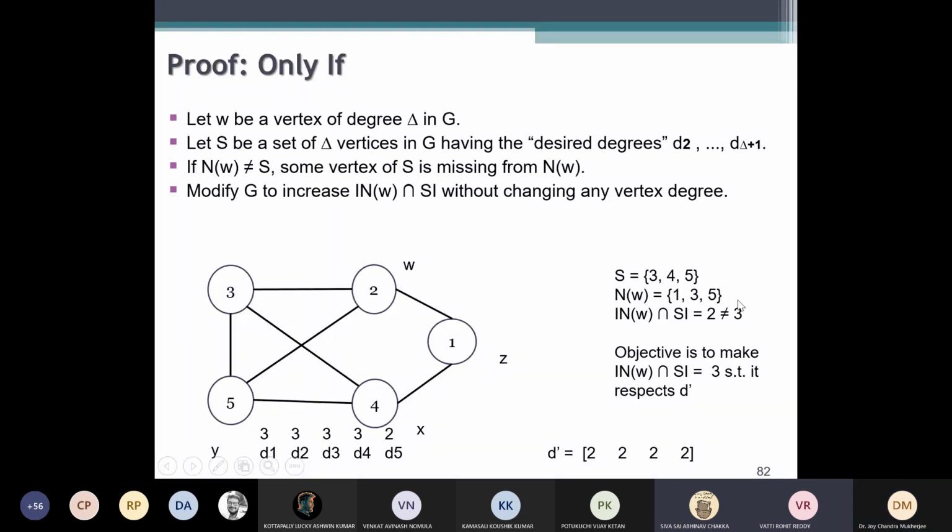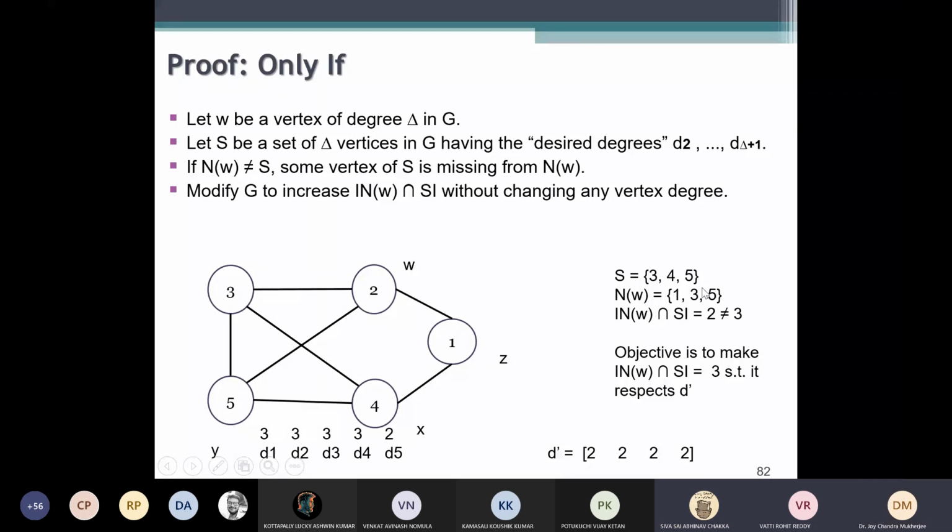So my task is, how do I modify my graph G? What is N(W) intersection S? It is 3, 5.